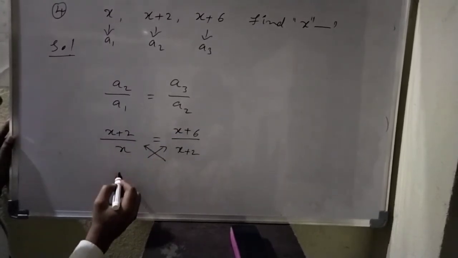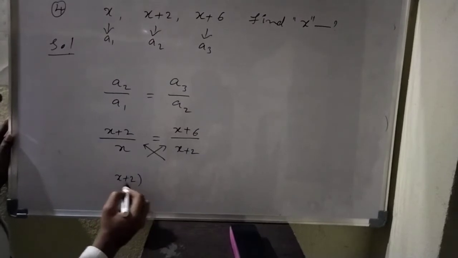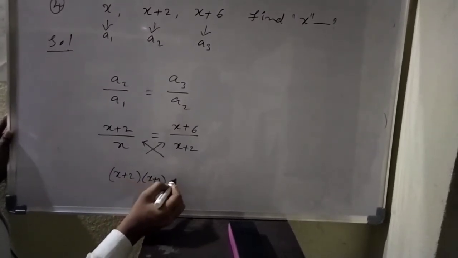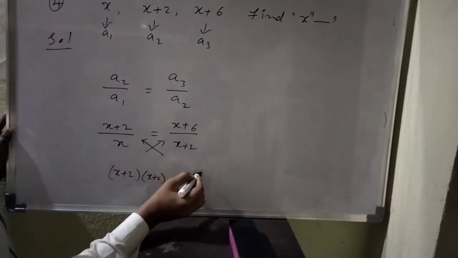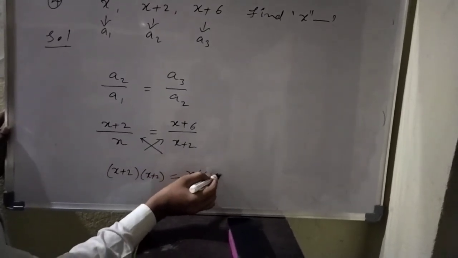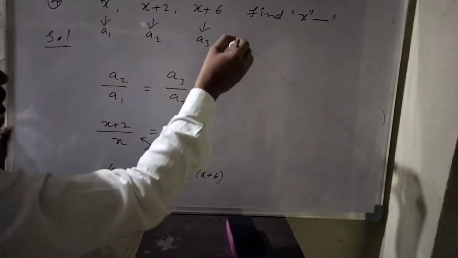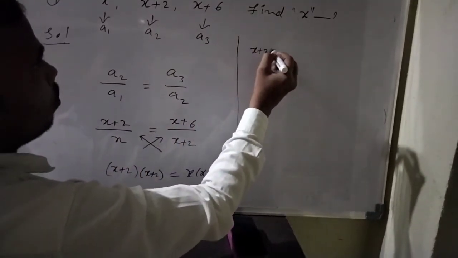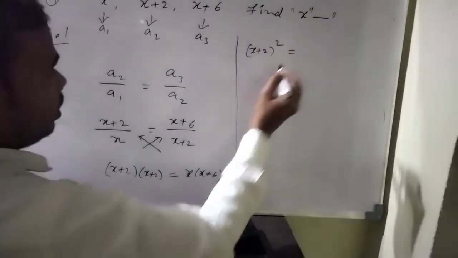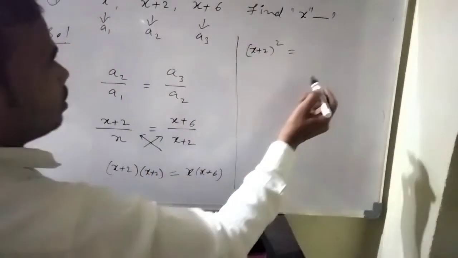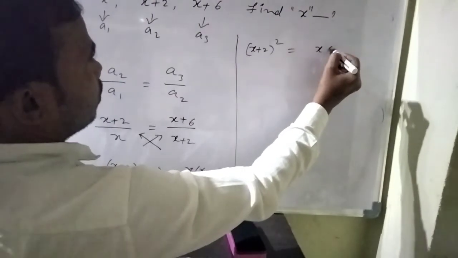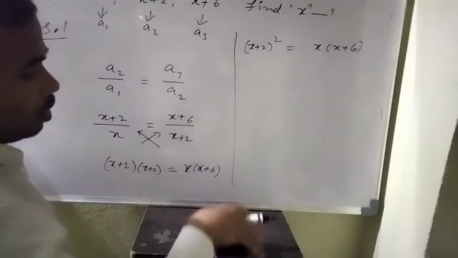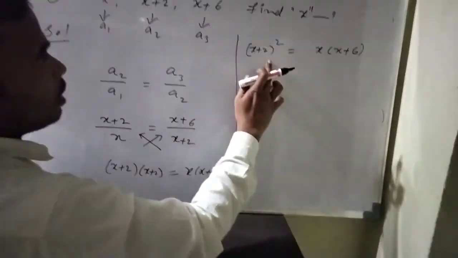So x plus 2 into x plus 2 is equal to, right side, x into x plus 6. Getting x plus 2 into x plus 2, x plus 2 whole square, and right side x into x plus 6. So x plus 2 whole square, it is the (a plus b) whole square formula.